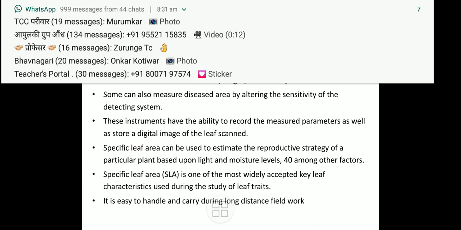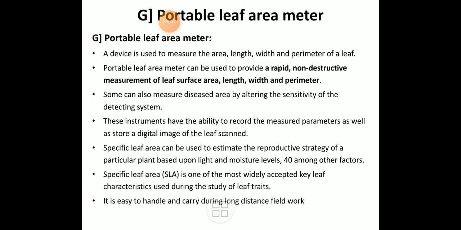Here, my friends, this device is used to measure the leaf area, length, width and perimeter of the leaf. A portable leaf area meter can be used to provide rapid, non-destructive measurement of leaf surface area, length, width and perimeter. Some can also measure the diseased area by altering the sensitivity of the detecting system.